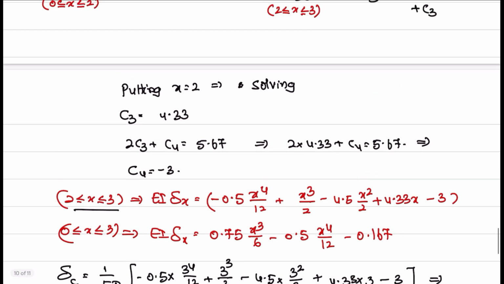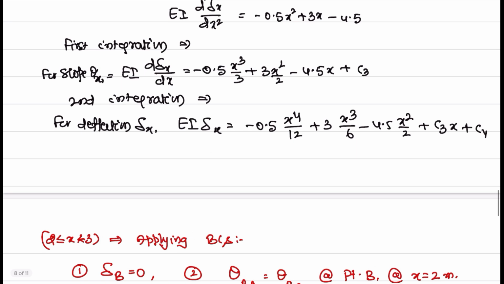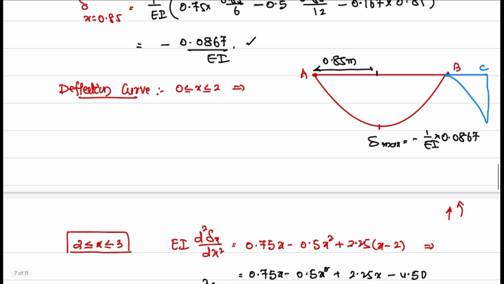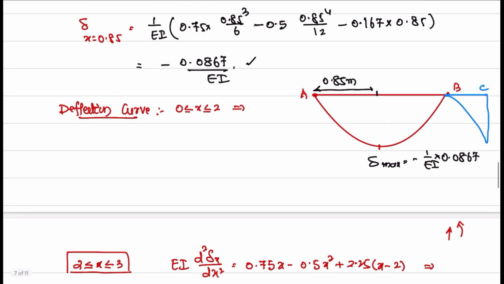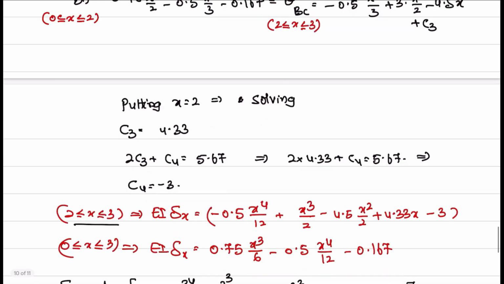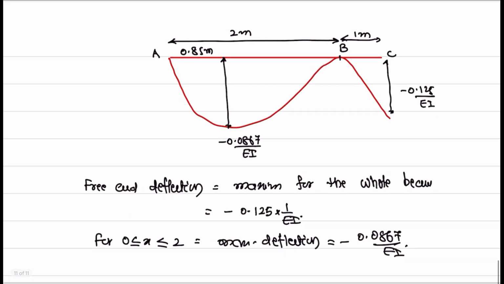And whatever maximum deflection previously we have discussed, that maximum deflection we have got for the portion between A and B. At that time we have not considered B and C. We have considered only A and B. Now, when we have considered the portion B and C, we have got another maximum deflection that is higher than the previous one, that is minus 0.125.